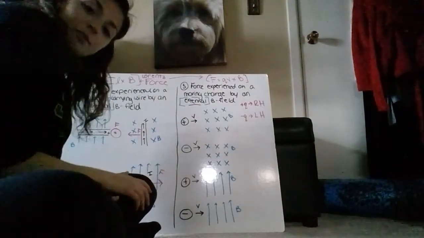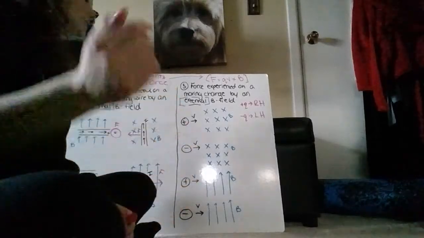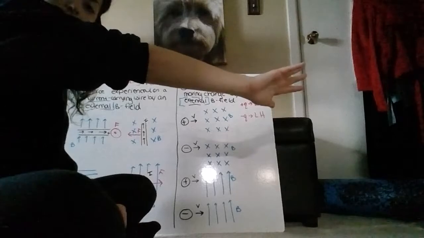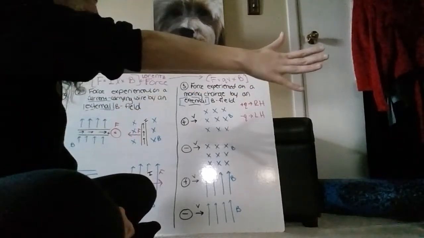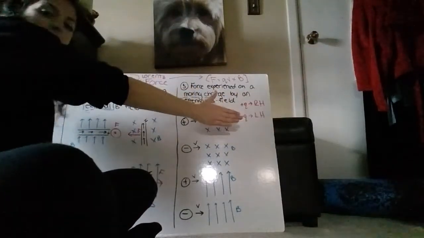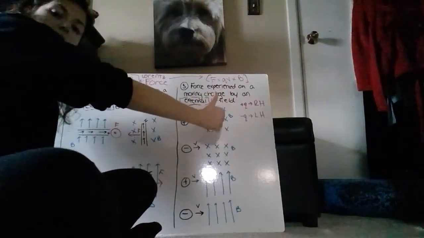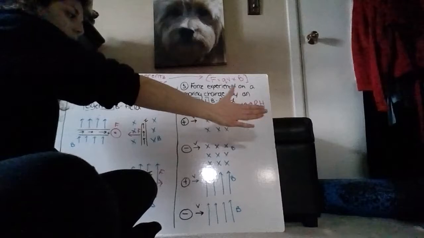Okay, so we have a positive charge heading to the right. I label that vector V, heading into a magnetic field that's pointing into the board. So what I'm going to do is lay my right arm, because it's a positive charge, in the direction of the velocity, and then cross my fingers into the board. The thumb is the direction of the force once again, and my force is going up.